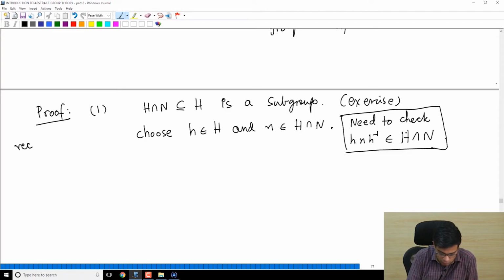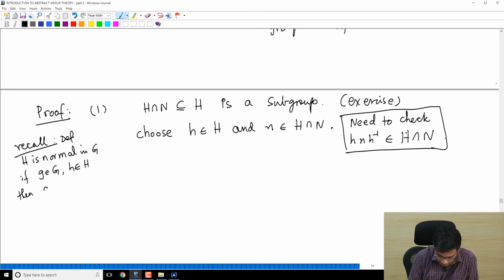So recall, we say that H is normal in G by definition: if g is in G, h is in H, then g h g inverse is in H.